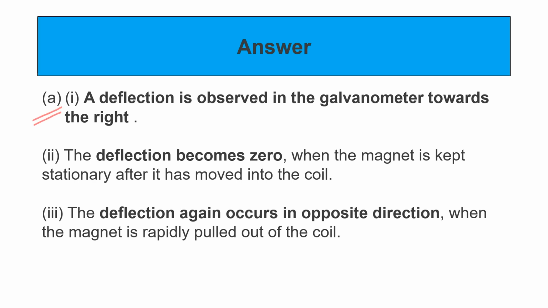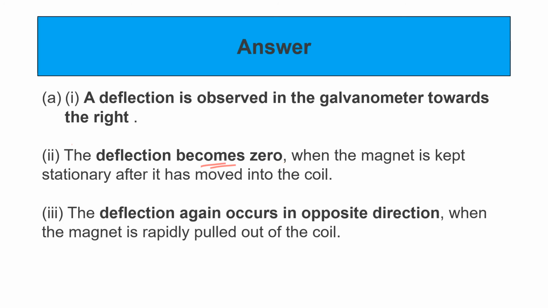In the first section, the answer is a deflection is observed in the galvanometer towards the right when the magnet is pushed towards the coil. In the second case, the deflection becomes 0 because the magnet is stationary, it is not moving.